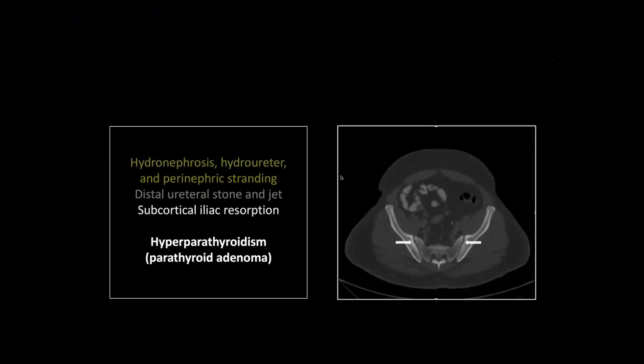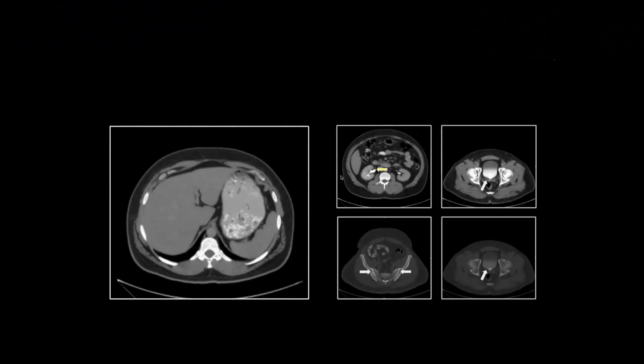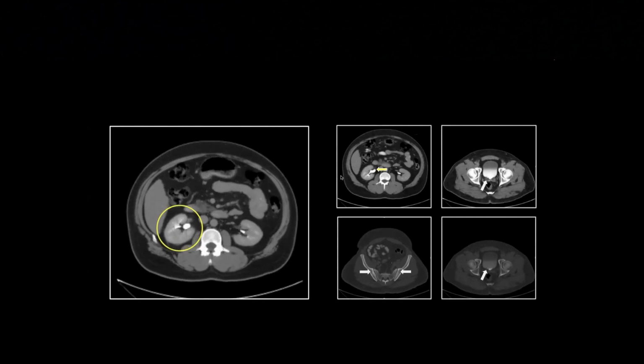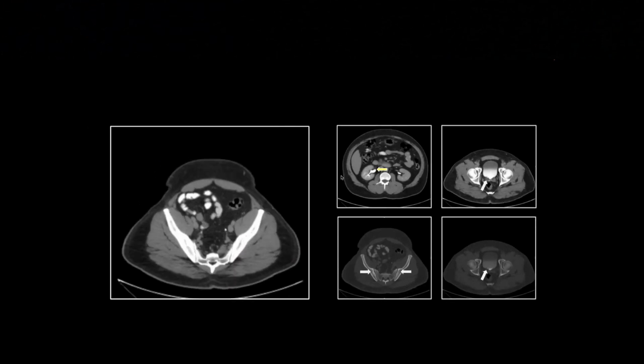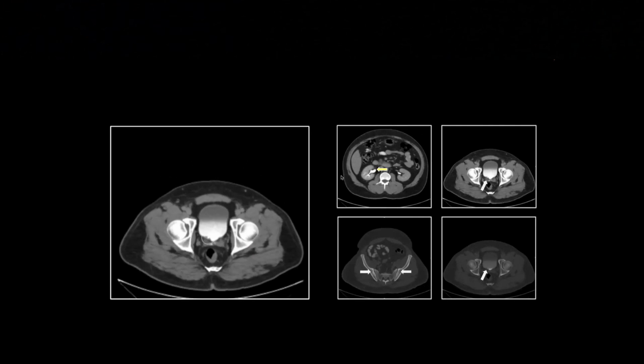And so that allows you to say, aha, this is not just a garden variety stone, right? This is actually hyperparathyroidism causing nephrolithiasis. All right, and there is that stone and that ureteral jet proving that it is not obstructing the ureter.